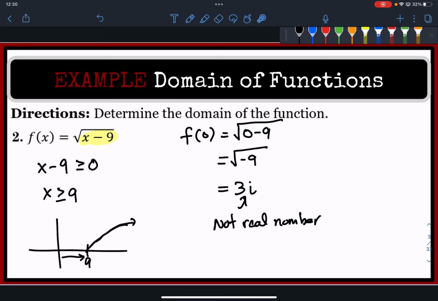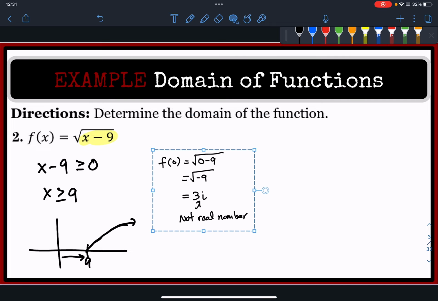And this is what we do for any situation where we have an even root, where the index is an even number: we simply take the radicand, set it greater than or equal to 0, and solving that inequality tells me what values of x I'm allowed to use. So right here, I'm only allowed to use numbers greater than or equal to 9.